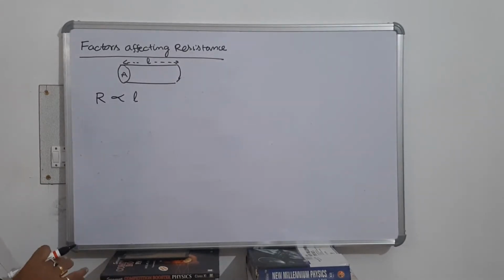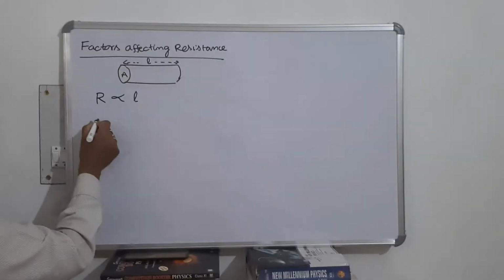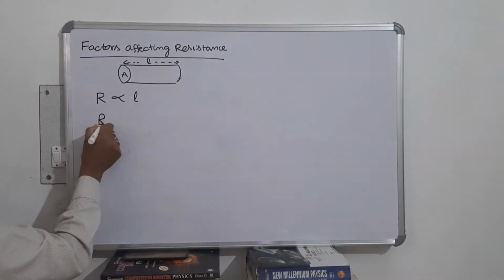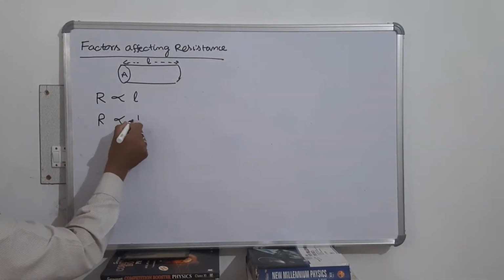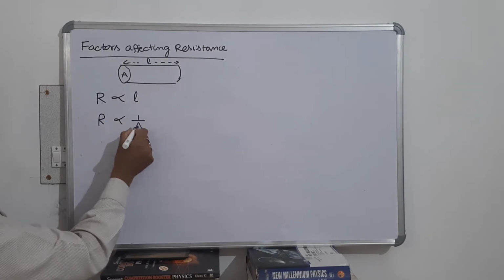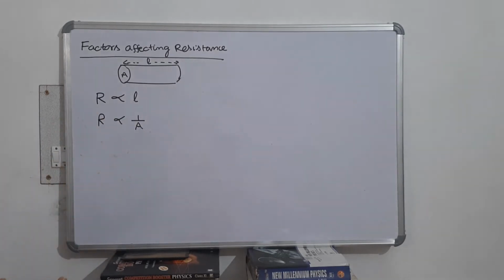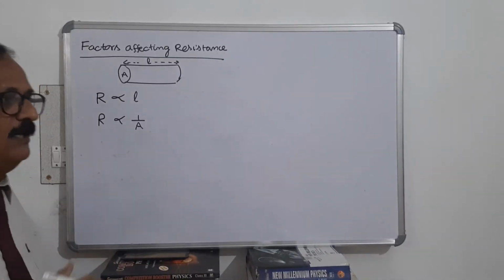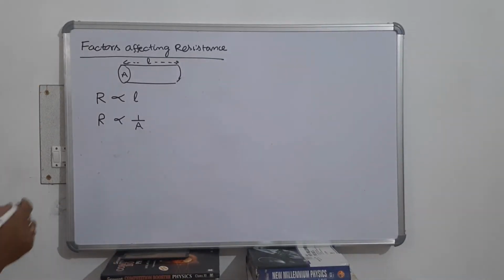For example, if the resistance of 1 meter of wire is 2 ohm, then the resistance of 2 meter wire of the same material will be 4 ohm. Resistance is directly proportional to length of the conductor, and it is inversely proportional to its area of cross section A.